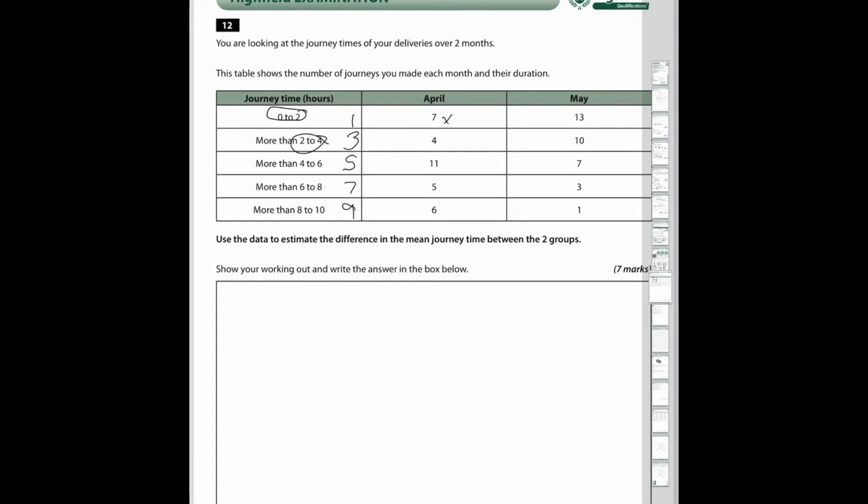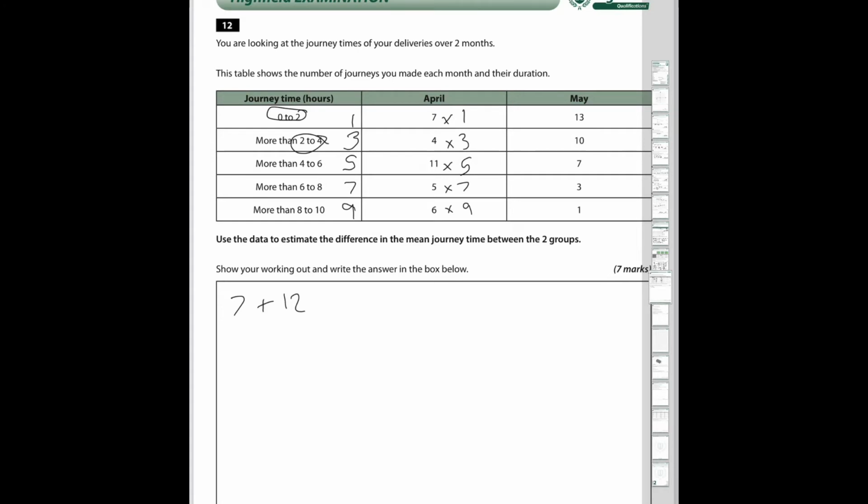So first, we use those numbers: 7 times 1, 4 times 3, 11 times 5, 5 times 7, and 6 times 9. Let's put those down here. 7 times 1 is 7, plus 4 times 3 is 12.